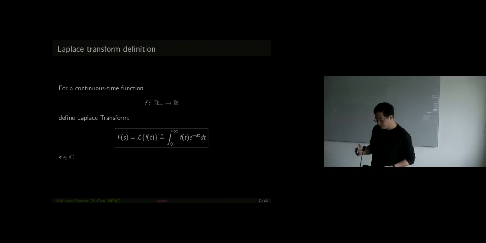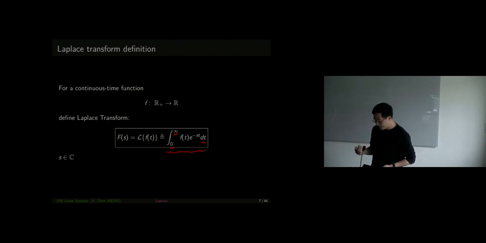The Laplace transform, now the single most important definition, is here. The Laplace transform is defined as the integration of this continuous time function f over the entire time domain t from 0 to infinity.